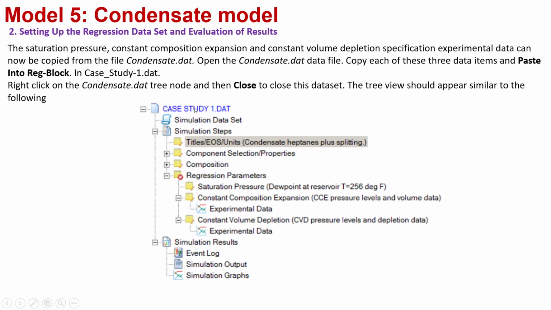This is the case study we perform for the model. And how to do so? You need to right-click on the condensate 3 node and then close this dataset. After you perform this step, the tree view should appear similar to the following photo.